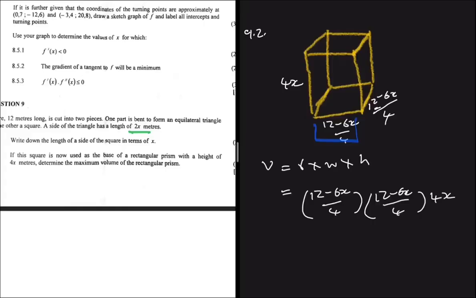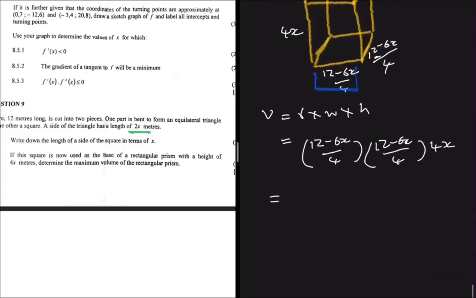That is just 12 minus 6x divided by 4, everything to the power 2, multiplied by 4x.